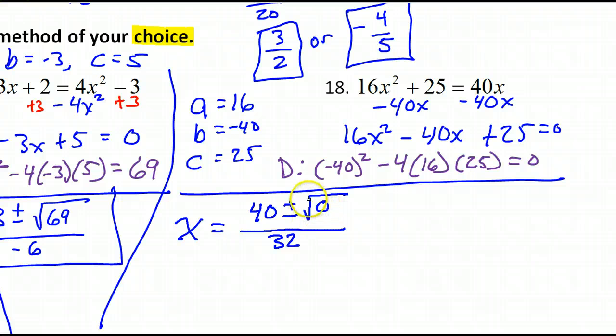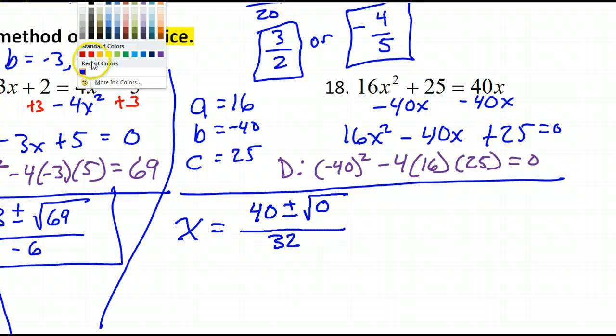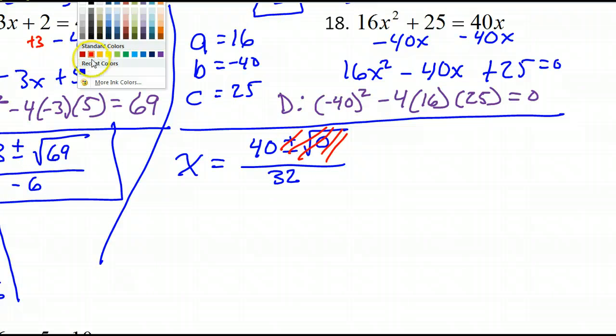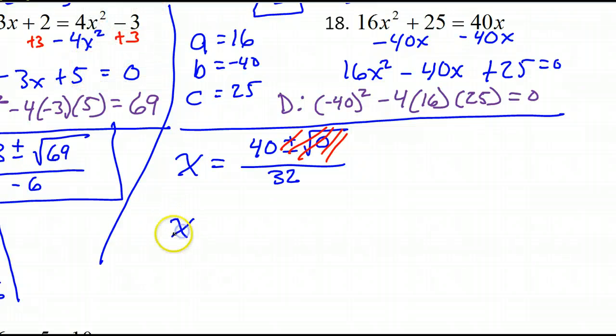Now, square root of 0 is 0. So really, ignore this, alright? 0, you could just erase it. So really what I have is x equals 40 over 32.